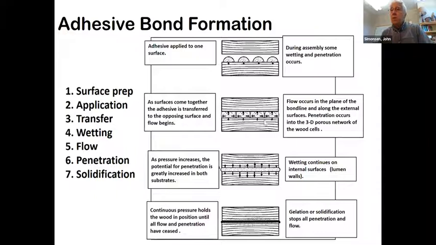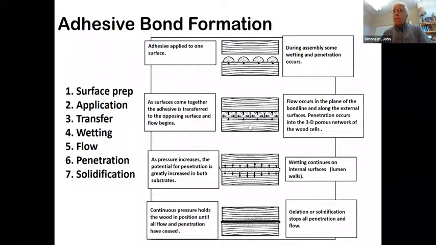You want it to flow, and you want it to penetrate. You don't want it to penetrate too much, but you need it to penetrate some, because that's where the mechanical interlock comes in, right? If you know the fundamentals, it all makes sense, and you can solve problems that otherwise you wouldn't be able to solve.